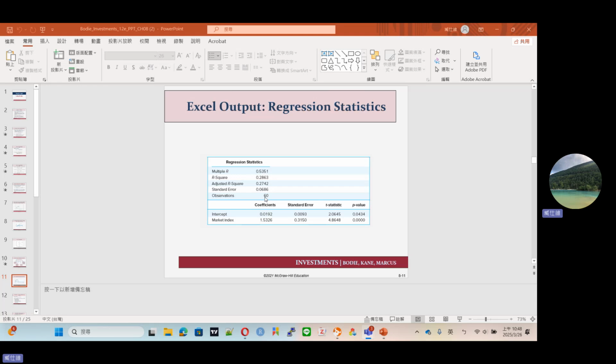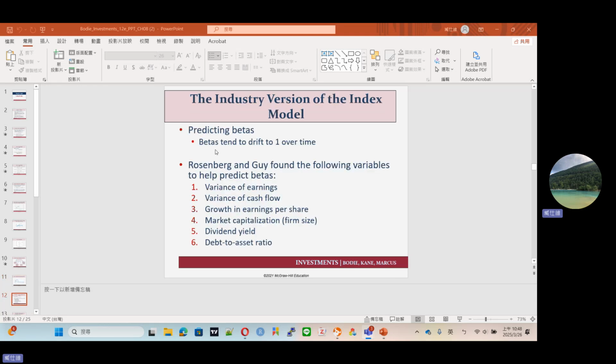So the problem is the beta will change, and if you want to predict the beta, it's really hard. That problem depends on the frequency at which your portfolio is rebalanced.